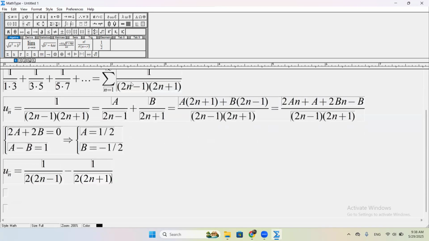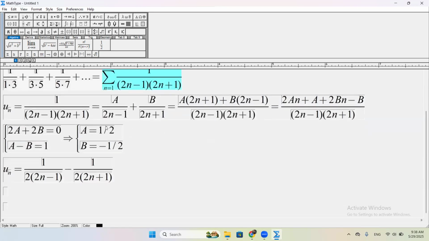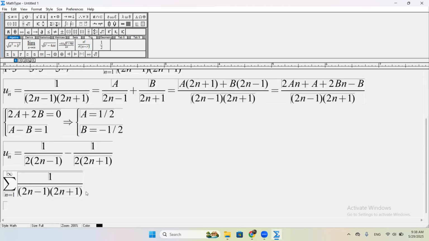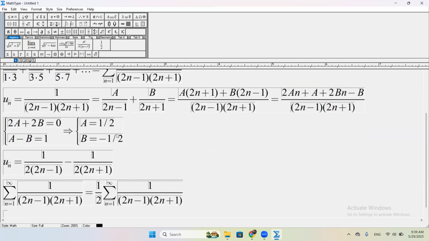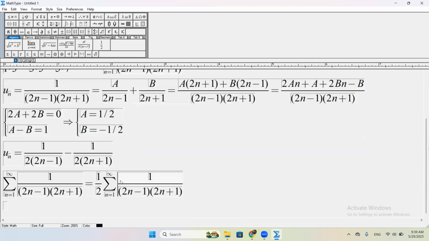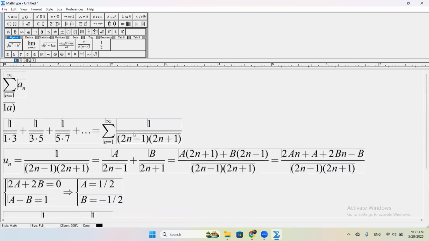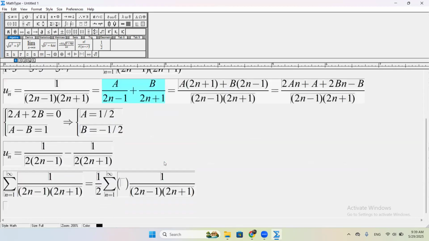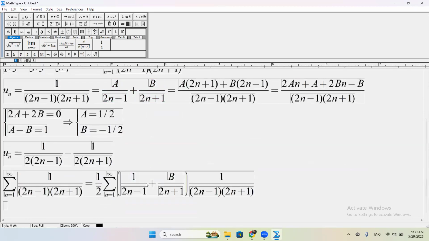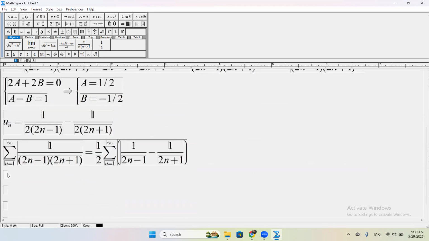And let's rewrite the series. We can move 1 over 2 out of brackets. So done with it. And actually, we need to find the partial sum.